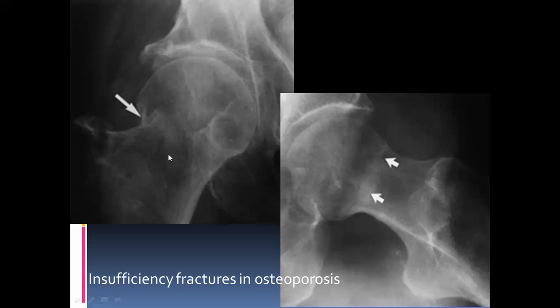Although the word stress is usually kept for some effort done on the bone or pressure on the bone, while insufficiency fractures occur spontaneously, yet the terms can be used instead of each other.